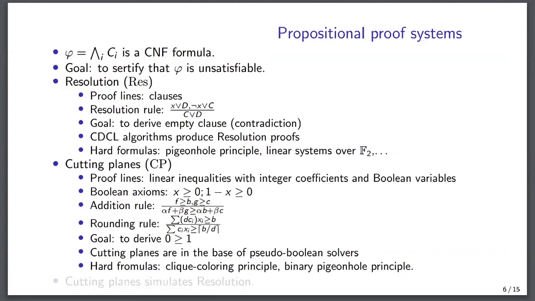The clique coloring principle says that it is impossible that a graph has a clique of size k and is simultaneously colorable in k-1 colors. And also a rather recent result concerns the binary pigeonhole principle, which is another representation of the same principle. But this is not very important for us.